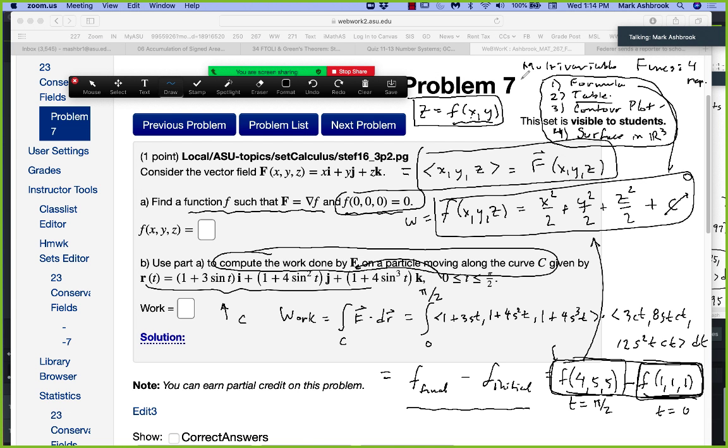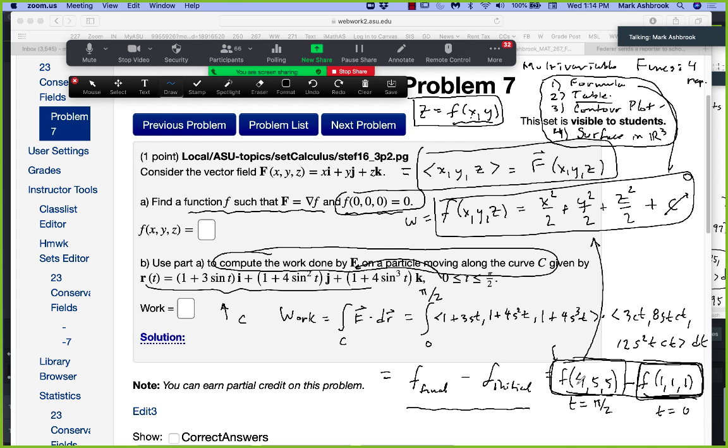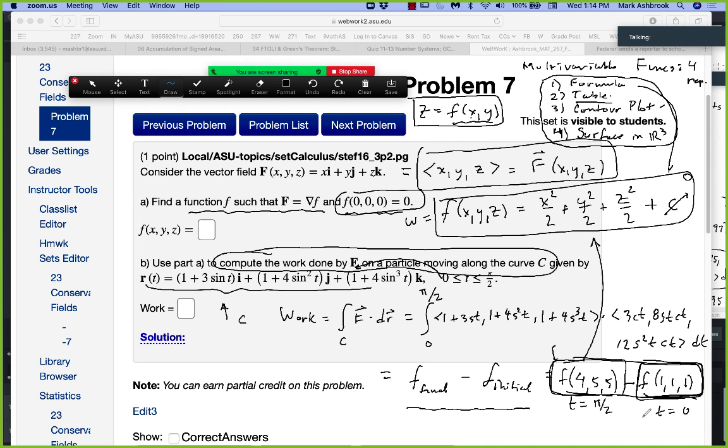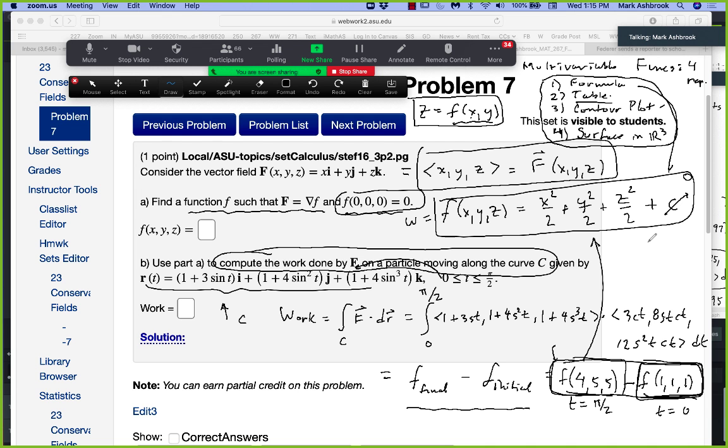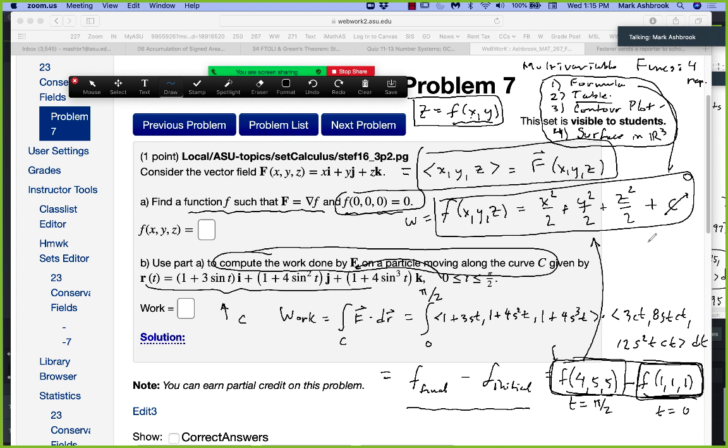And you can pull off values of z for those and subtract. Get the final value of z, initial value of z, and subtract. And that might not always be using a function formula. Okay, does that make sense? Any questions on this?